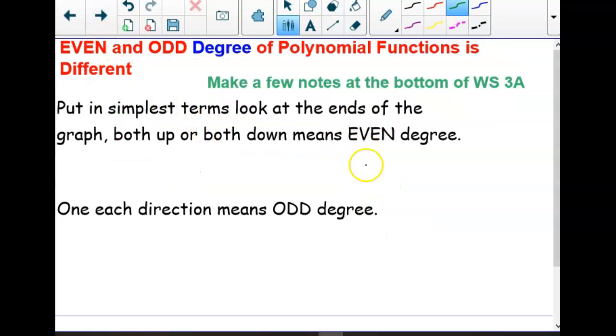Okay. Do you remember what degree means? The degree of a polynomial is the highest exponent power. So maybe just write down there: degree equals highest exponent power.